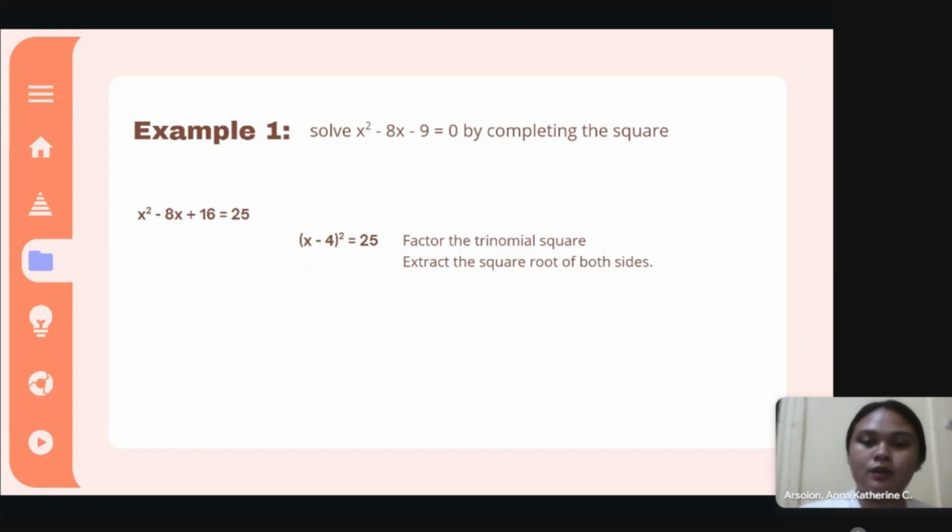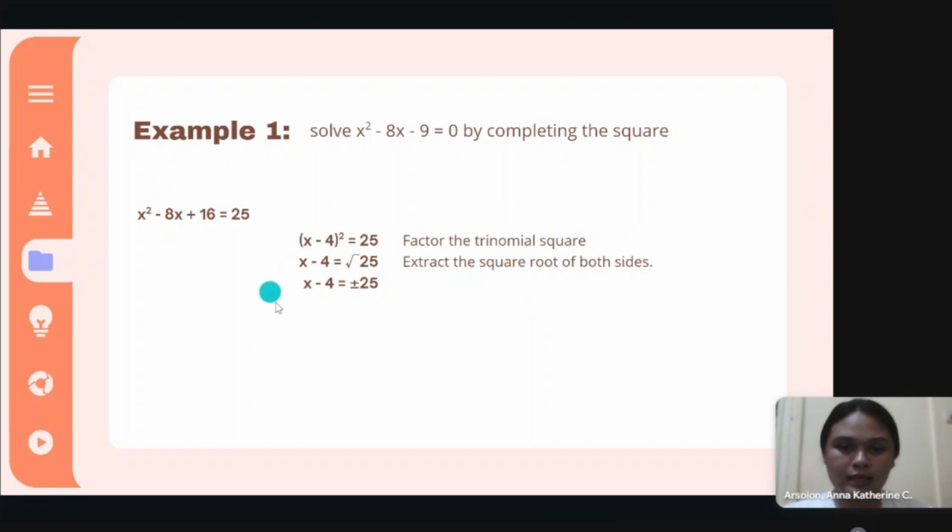Since 25 is a perfect square, the square root of 25 is 5. And when we take the square root on the left side, we remove the square in x minus 4. So the right side is only 5.